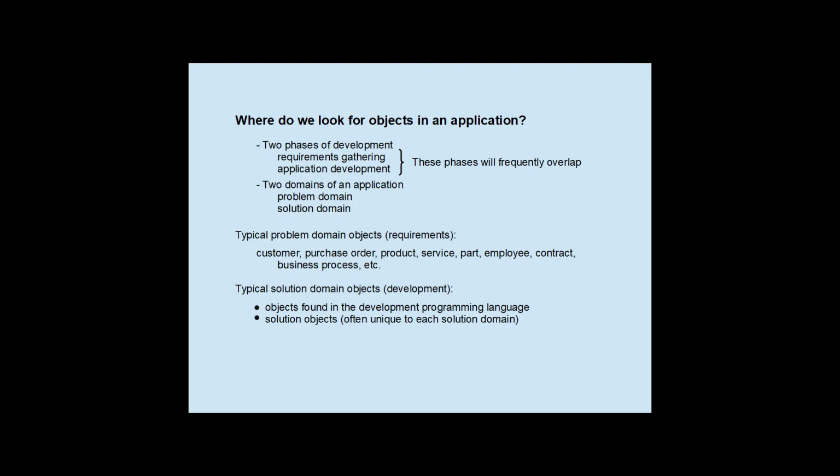Typical problem domain objects from requirements might be customer, purchase order, product, service, part, employee, contract, business process, etc. And then typical solution domain objects in the development environment might be objects found in the development programming language, such as collections and strings, or solution objects, which are often unique to each solution domain.